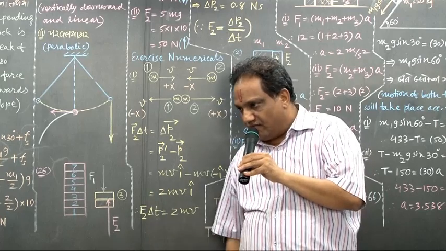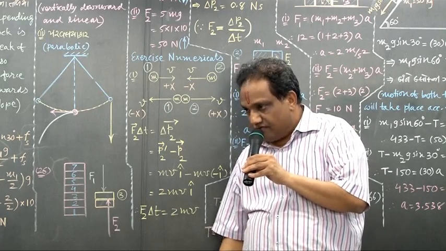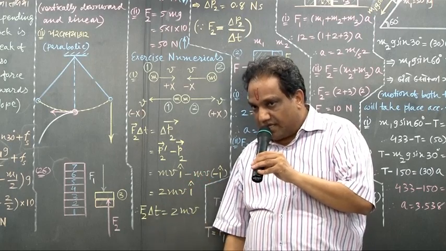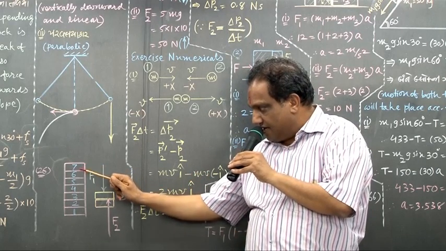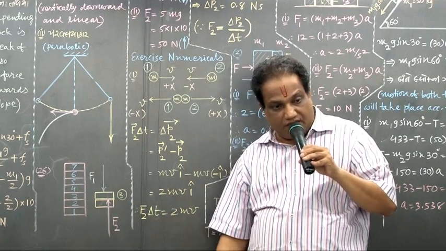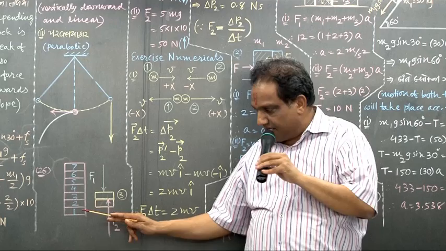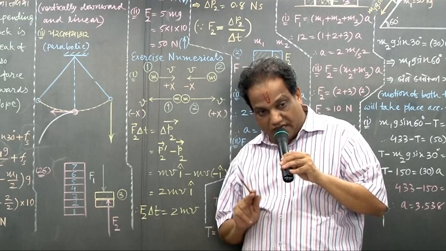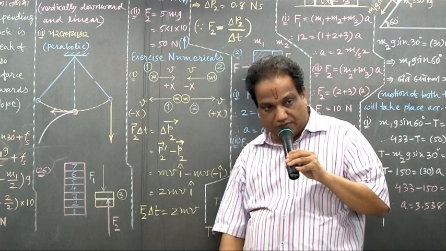Naturally 5 blocks will have weight 5 mg. For one block mg, then 5 blocks 5 mg. But that much force will be exerted in the vertically downward direction on the second block. We don't want that. We want the force exerted on the third block.